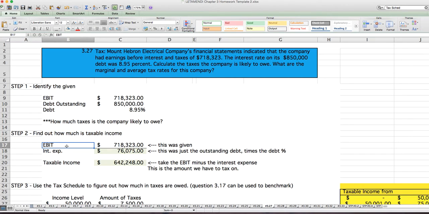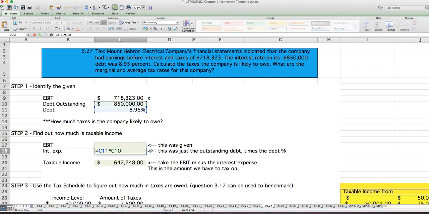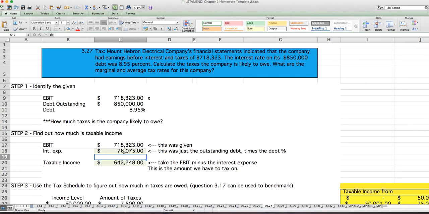So we bring down the earnings before interest and taxes, which we got from up here. And then the interest expense is basically the outstanding debt times the interest rate, right? So then we do equals debt outstanding times the interest rate, and that gives us the interest expense.